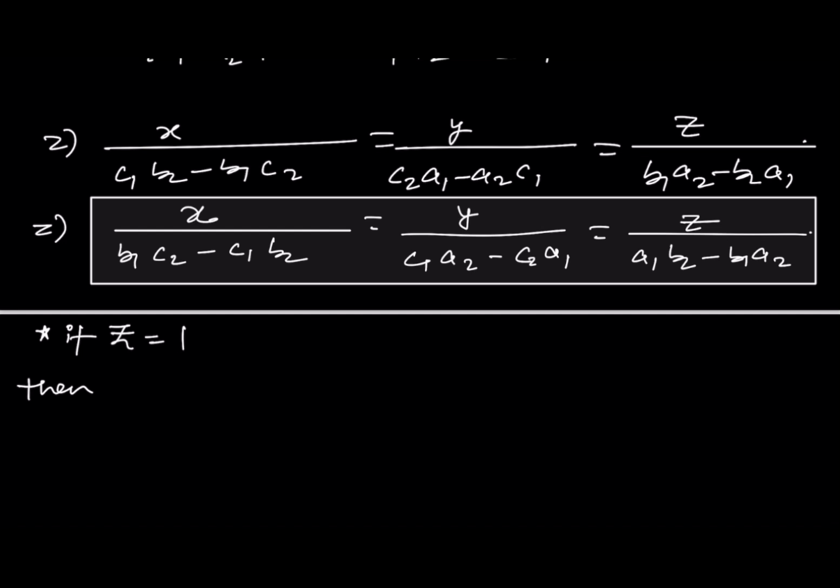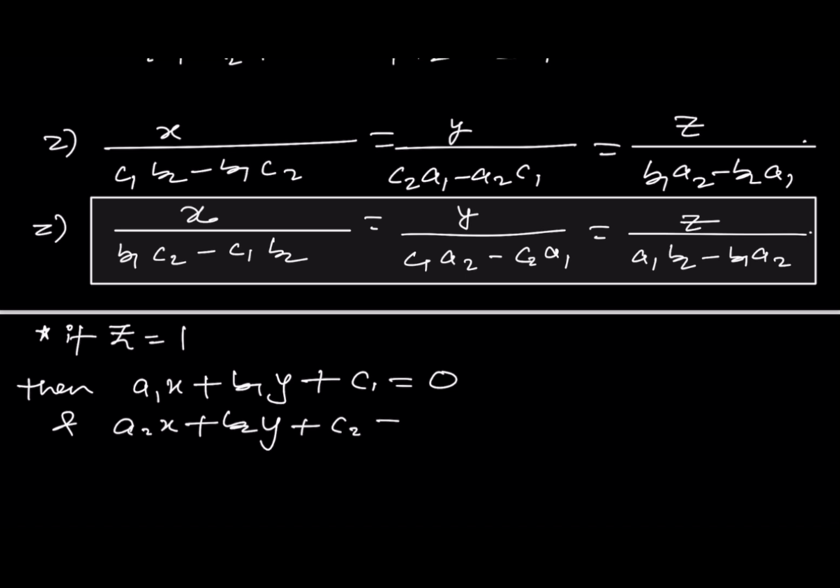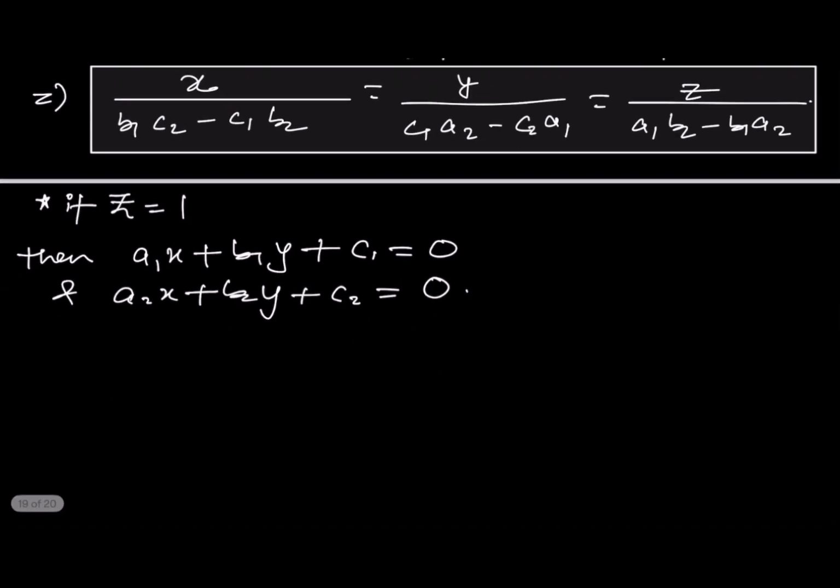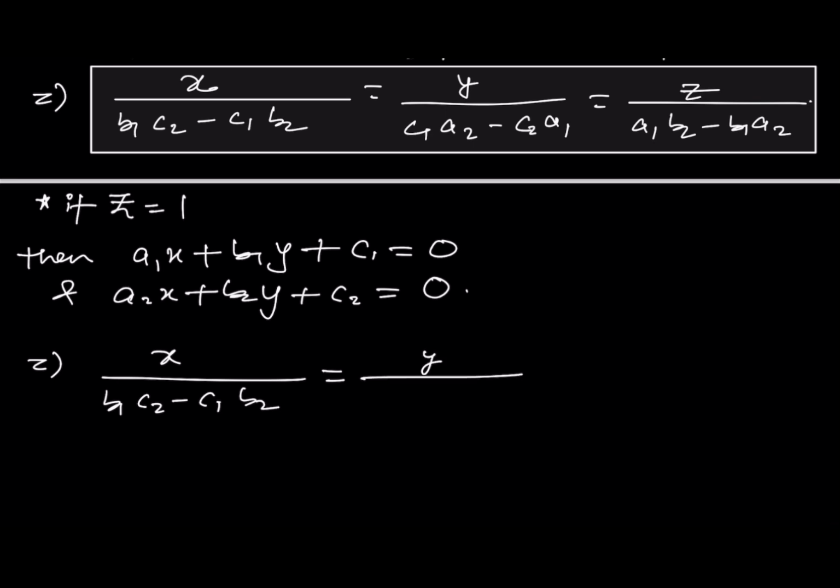So then the system of equations will become a1x plus b1y plus c1 is equal to 0, and a2x plus b2y plus c2 is equal to 0, right? And in that case, x upon (b1 c2 minus c1 b2) is equal to y upon (c1 a2 minus c2 a1) is equal to 1 upon (a1 b2 minus b1 a2).